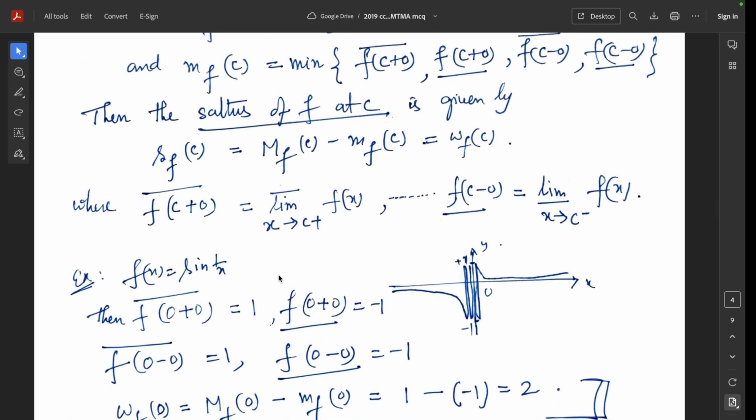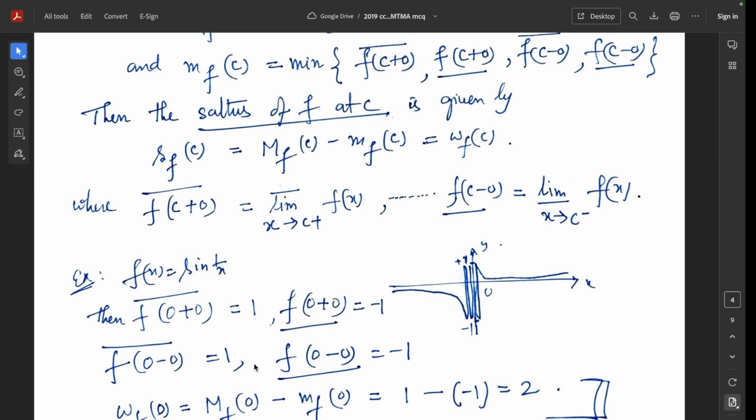So here for sin(1/x), when we approach 0 from the right-hand side, the limit supremum is 1 and the limit infimum is minus 1. And when we approach 0 from the left side, that is 0 minus 0, the limit supremum is 1 also, and the limit infimum equals minus 1 also.